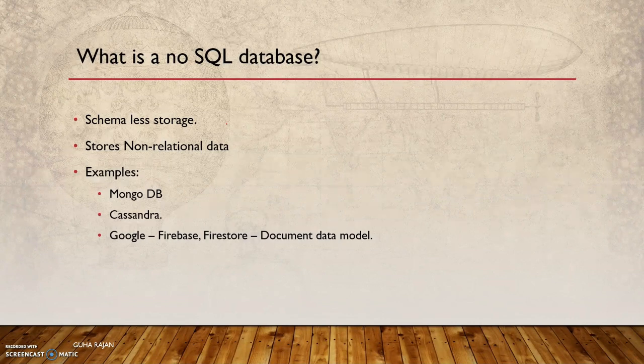Those people who are aware of RDBMS know you have schema. Under each schema, you will have schema objects. For example, consider an enterprise resource planning system: you will have HR modules, you might have financial modules.